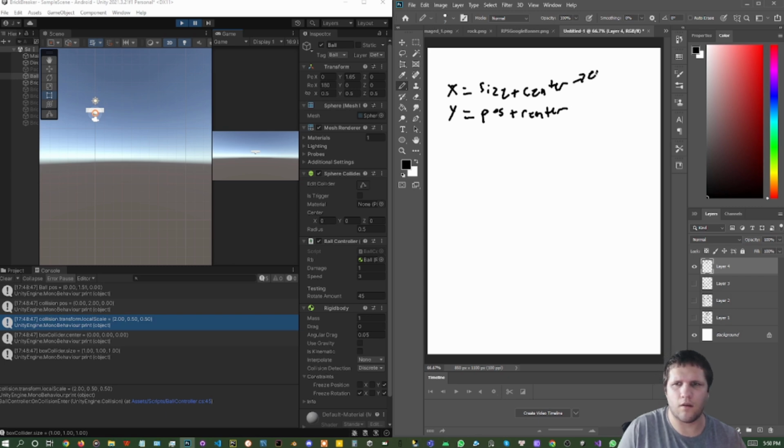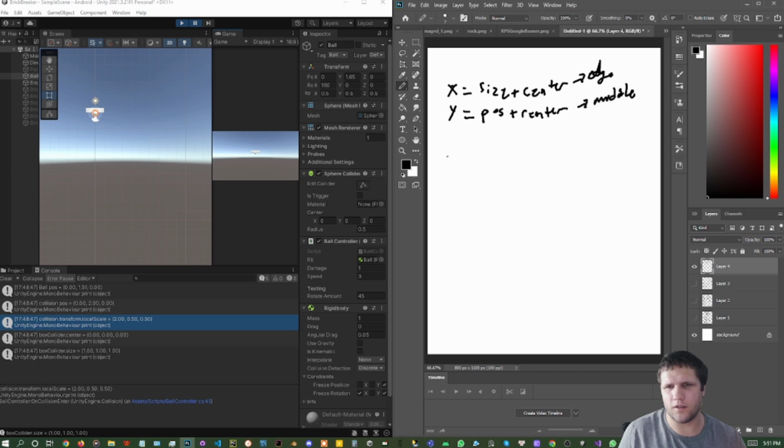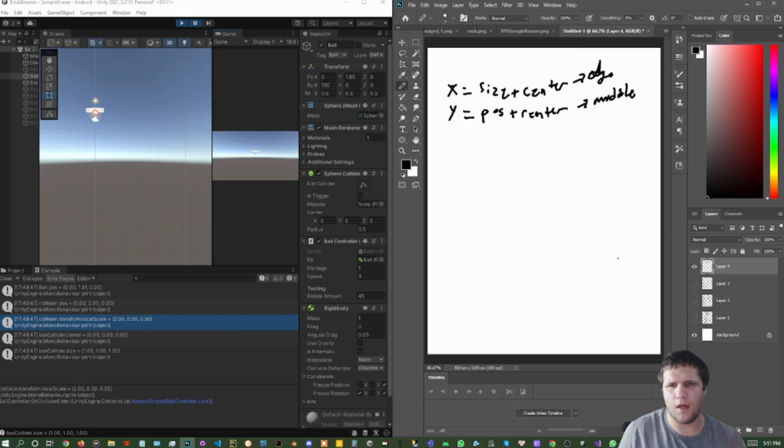So let's label that as the edge, and this is the middle. And what we want is the edge minus the middle. So x minus y.